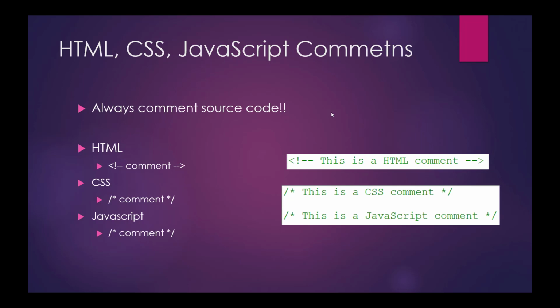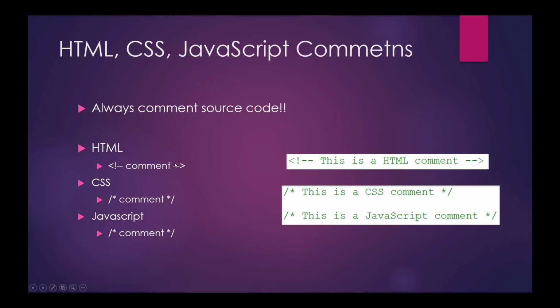In HTML, you learned that to do a comment, you did open caret, exclamation mark, dash, dash, whatever your comment is, and then you closed it with dash, dash, closing caret. For CSS, it was slash, star, whatever your comment was, and then star, slash, and the same for JavaScript. Note that these are different. If you're currently in the HTML part of your document, you had to use an HTML-type comment.